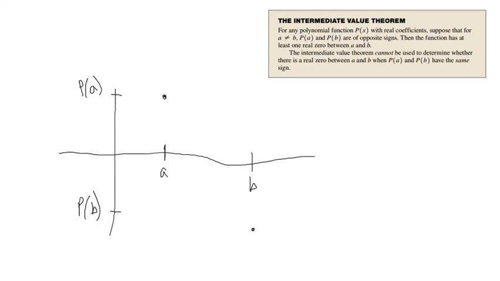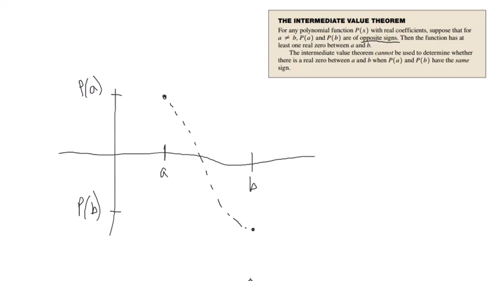All right. So basically, this is your x-axis, and it's saying that if A and B have opposite signs, then when you plug them into the function, there has to be a 0, because this point here has to come down here.